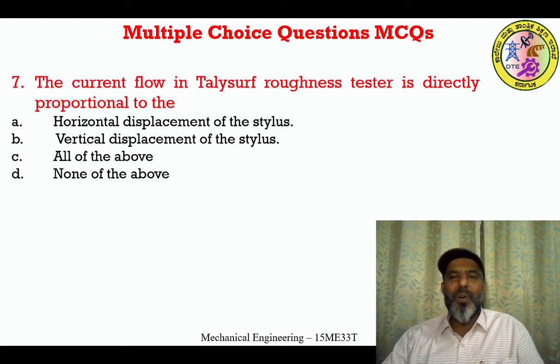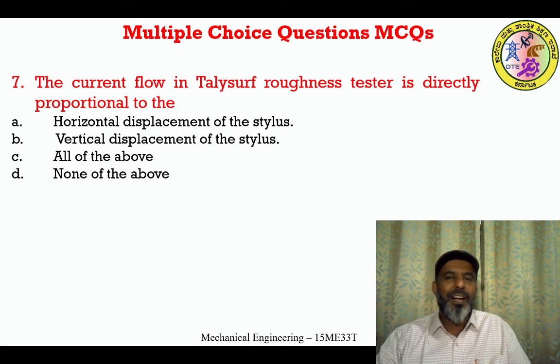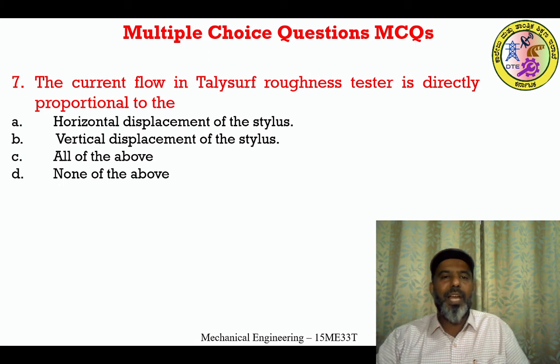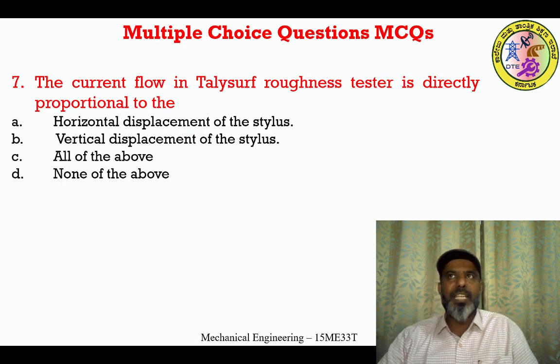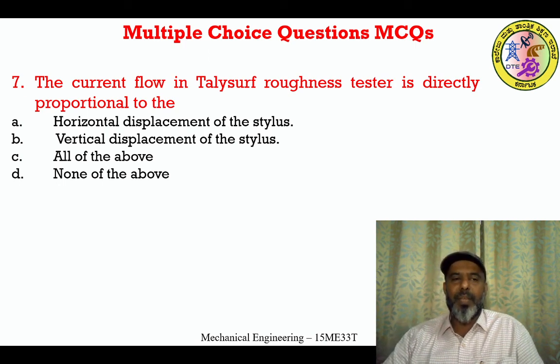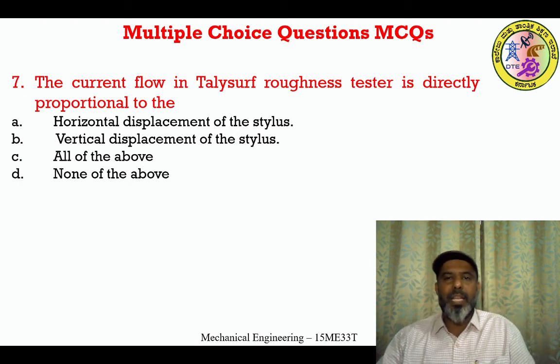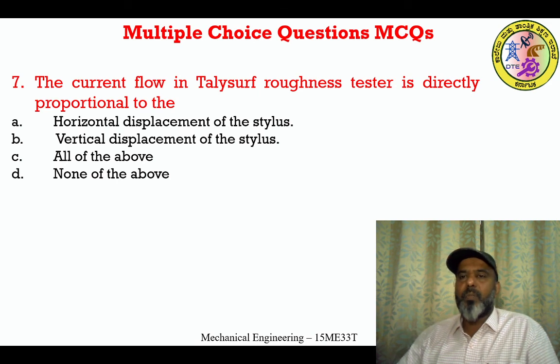Then the next important question: the current flow in the TALYSURF roughness tester is directly proportional to: A, horizontal displacement of the stylus; B, vertical displacement of the stylus; C, all of the above; D, none of the above. Yes, your time starts now.